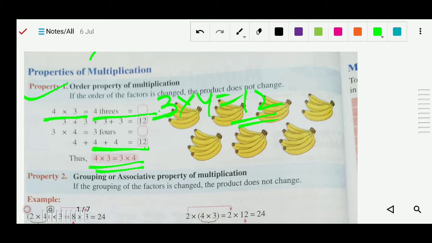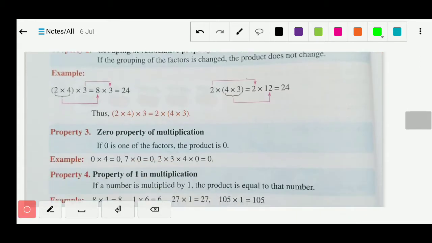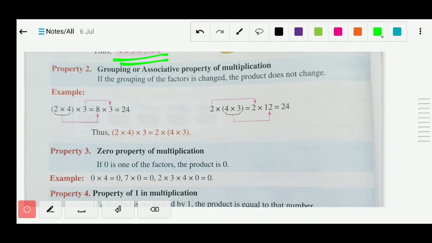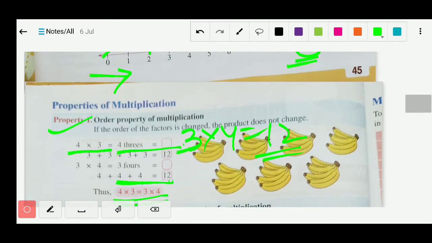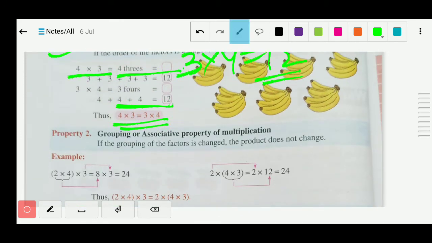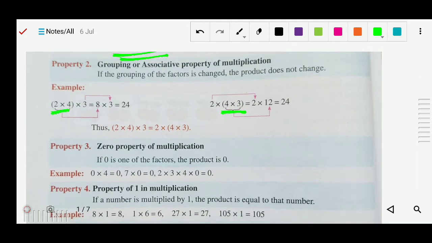Okay, next is our grouping or associative property. What is this grouping or associative property? Here we are making groups. See here, 2 and 4 are in one group, and here 4 and 3 are in one group because they are kept in brackets.